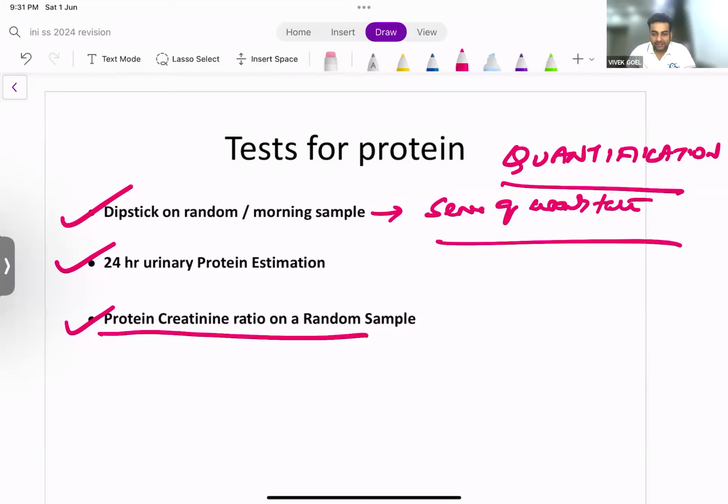If you ask me what is the gold standard for measurement of urinary protein, there is no prize for guessing, because that is very, very easy. You collect the 24-hour urinary sample and estimate the protein out of it. That would be the best method.